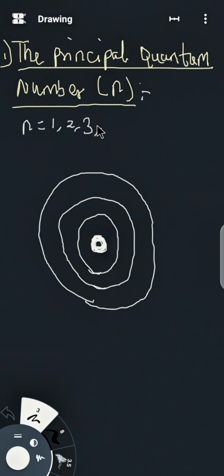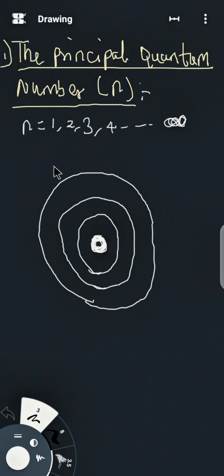So the principal quantum number is simply an integer which runs from 1, 2, 3, 4 up until infinity to describe the level where the electrons can be found. The electrons closest to the nucleus are labeled number 1, the ones a bit away from the nucleus, number 2, and so on and so forth.